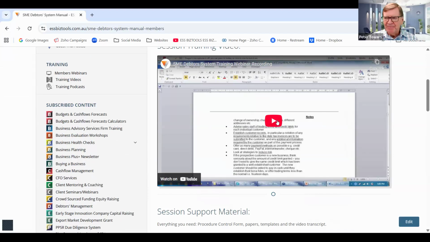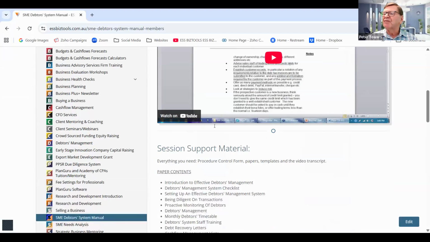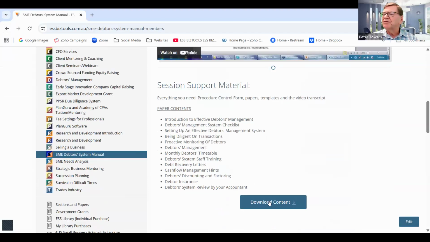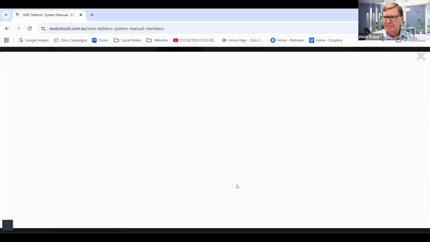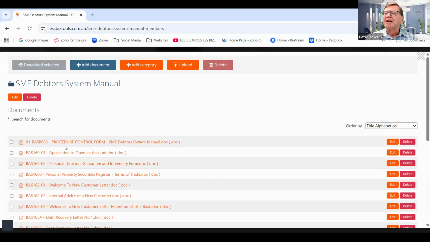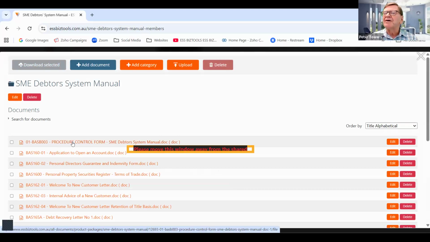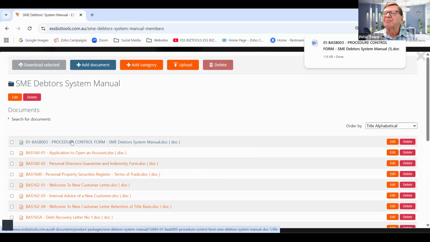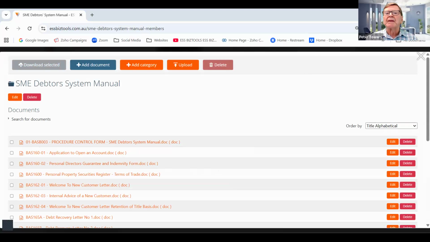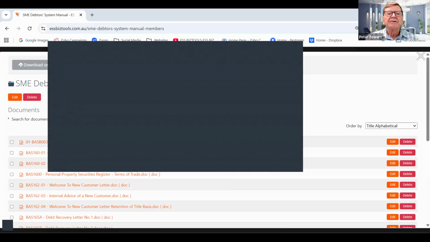There is a separate video that you can view there if you wish. There's a summary of what's in the contents, but then we'll download the package. Now, there's a procedure control form. There's a procedure control form for every component within ESS BIZTOOLS. So I'm just going to move that across into the system.